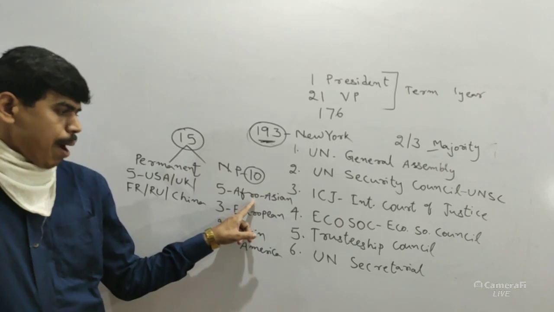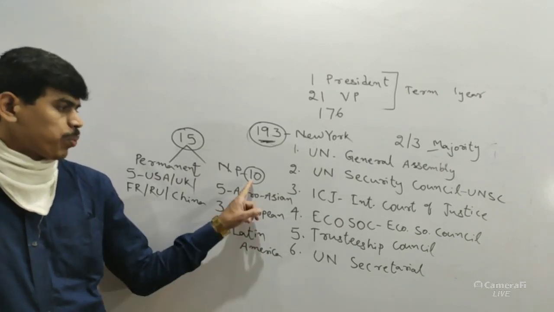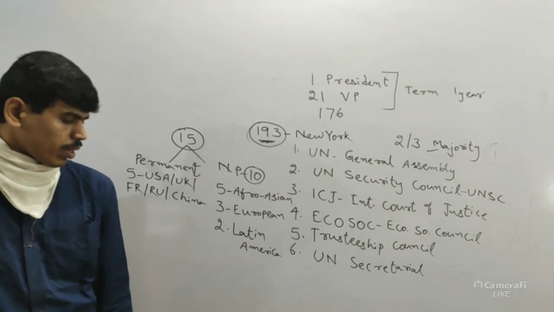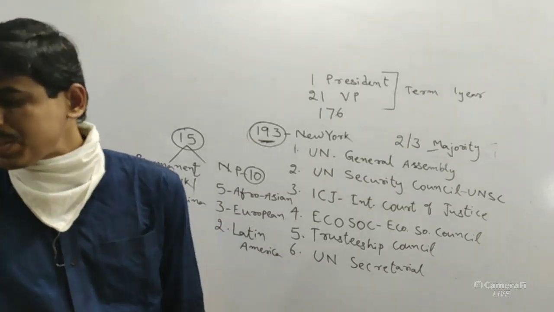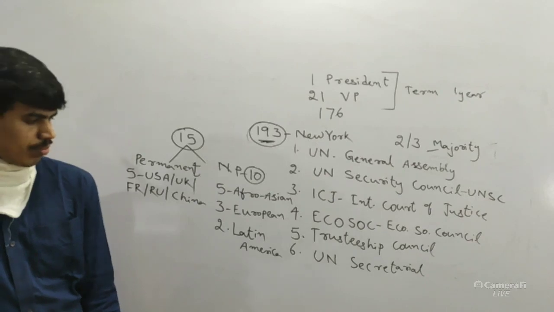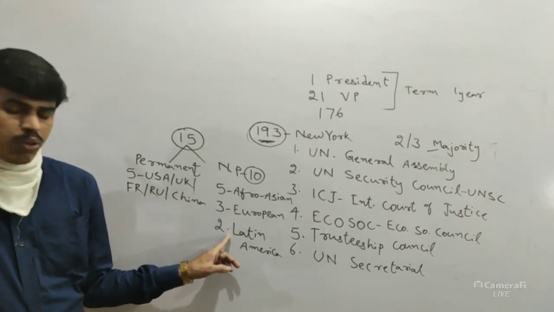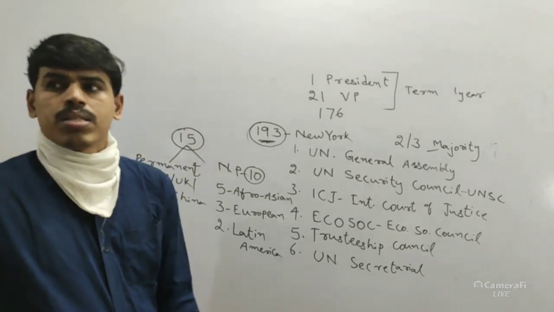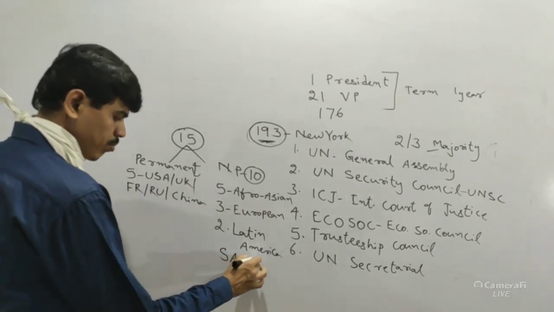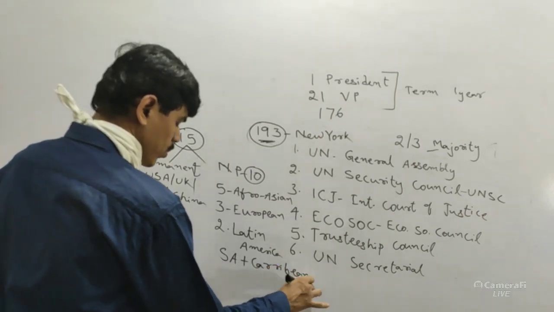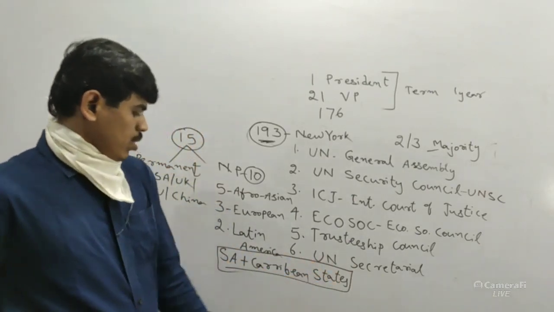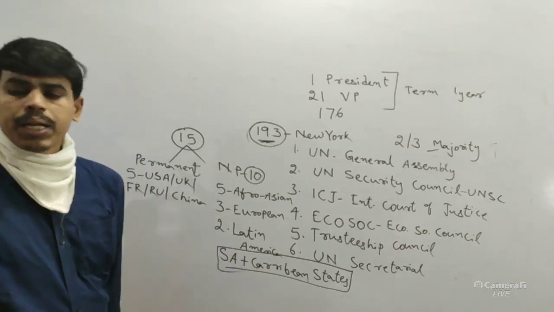That means 5 members must be from Africa and Asia, 3 from European nations, and 2 from Latin America. Latin America means South America and Caribbean states.